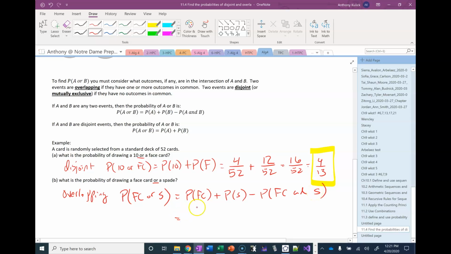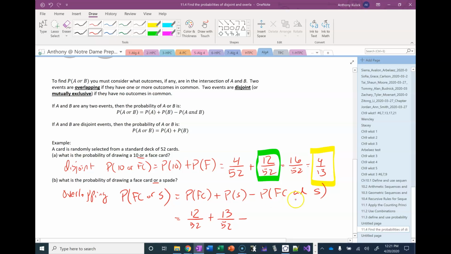Okay. Well, the probability of drawing a face card we already did. That was 12 out of 52. Right? We had that right there. The probability of drawing a spade, well, we have 4 suits. Each has the same number of things in them. There's 13 cards in each suit. So if you count 2, 3, 4, 5, 6, 7, 8, 9, 10, jack, queen, king, and ace, there's 13 of those.